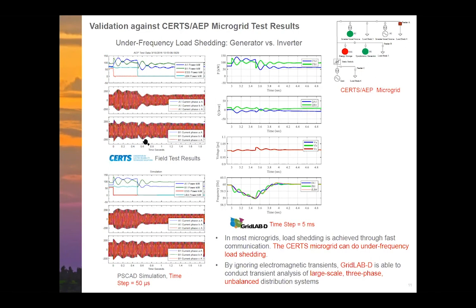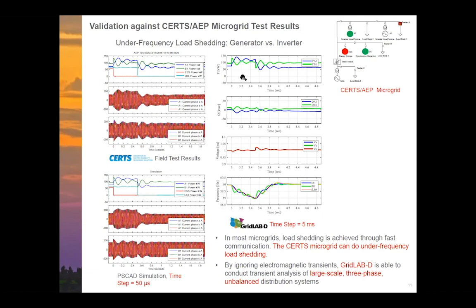Here are the field test results, here is the electromagnetic transient simulation, and here is the GridLAB-D simulation. You can see that in the GridLAB-D simulation, there are no detailed waveforms anymore, just P, Q, voltage, and frequency. But it can still capture the dynamics that we are interested in.